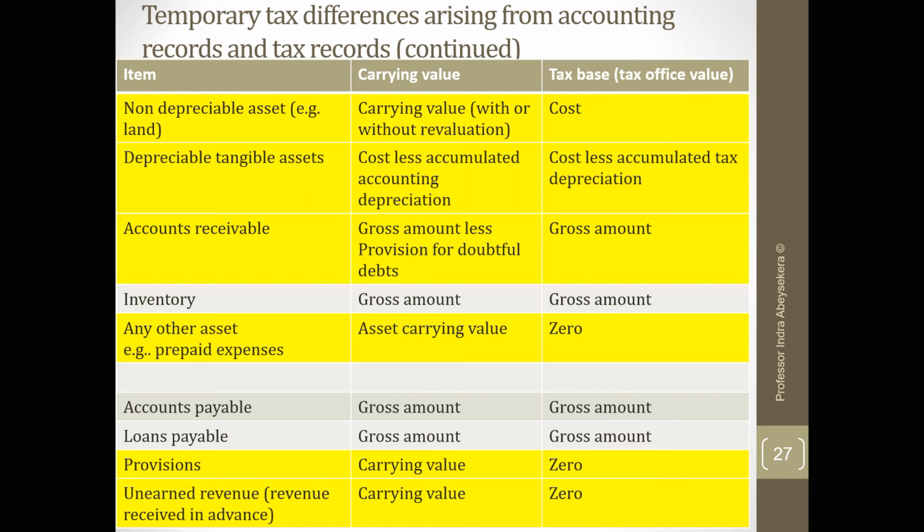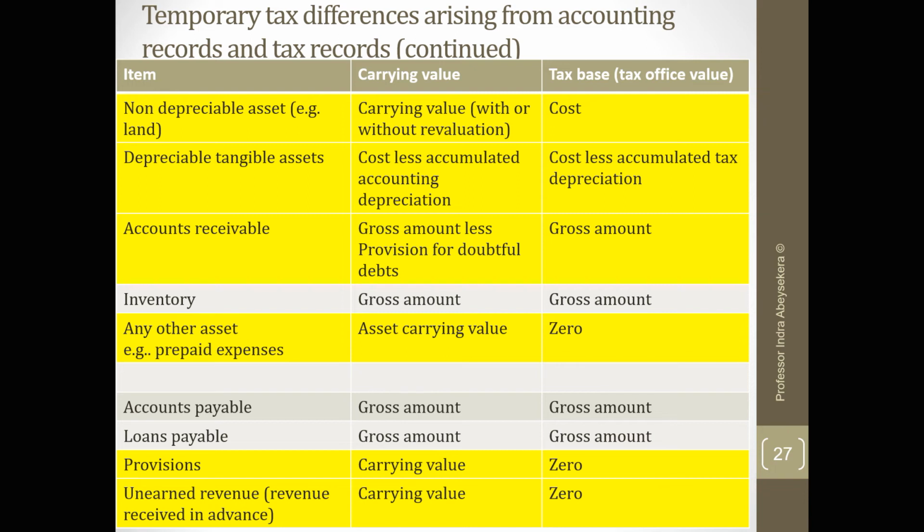That prepayment of expenses has already been deducted as a cash deduction in the previous period, but it's sitting there in the next period in the accounting records with a value for accounting but no value for the taxpayer because it's already deducted.